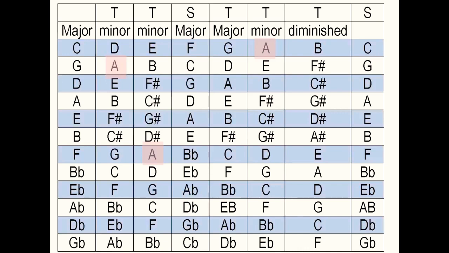Let's go to the next minor in the third column. Let's scan down, find an A. There it is down where F is, the F major scale. Let's scan across to the next minor, the sixth column, and there's A in the very first scale, the C major. So if you're playing an A minor chord, you could actually be in G major, you could be in F major, or you could be in the key of C major.